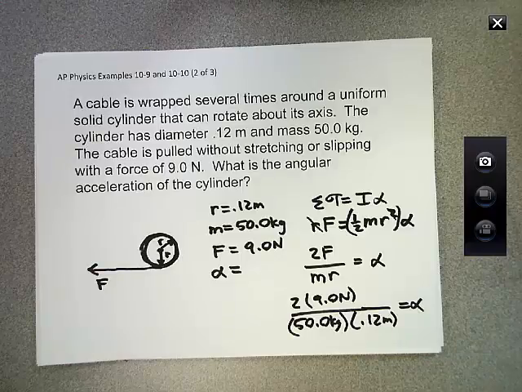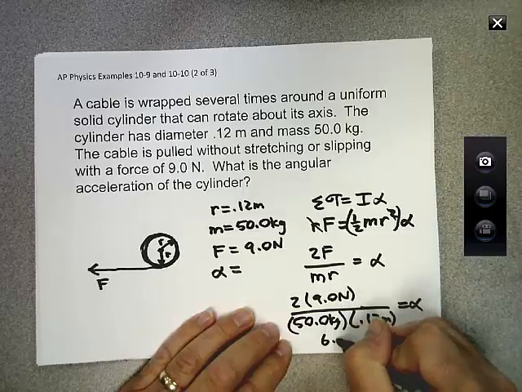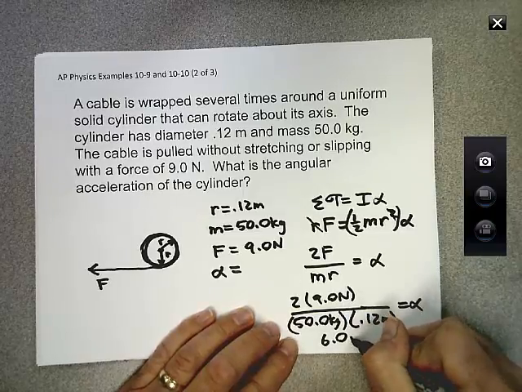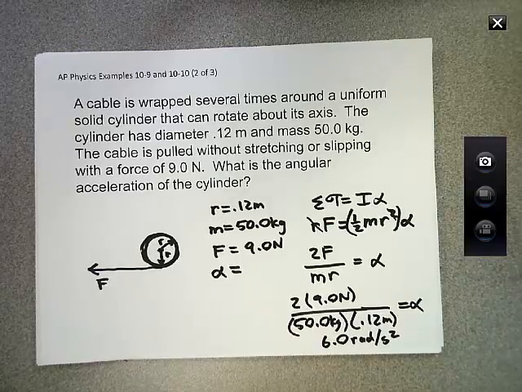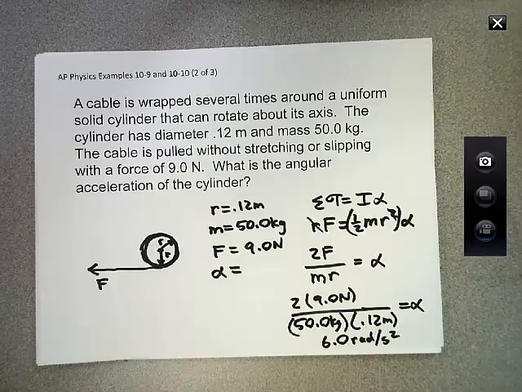We get an answer of 6.0 radians per second squared. Okay, so the magnitude of the acceleration, 6 radians per second squared.